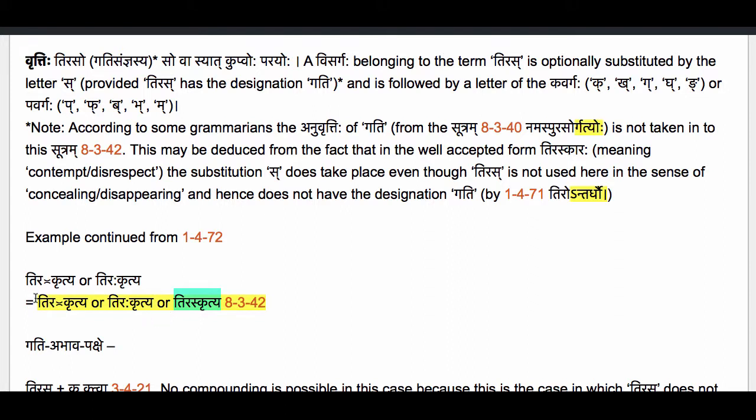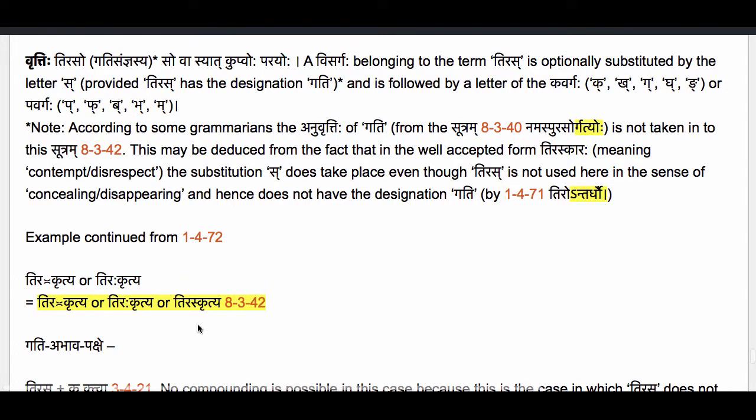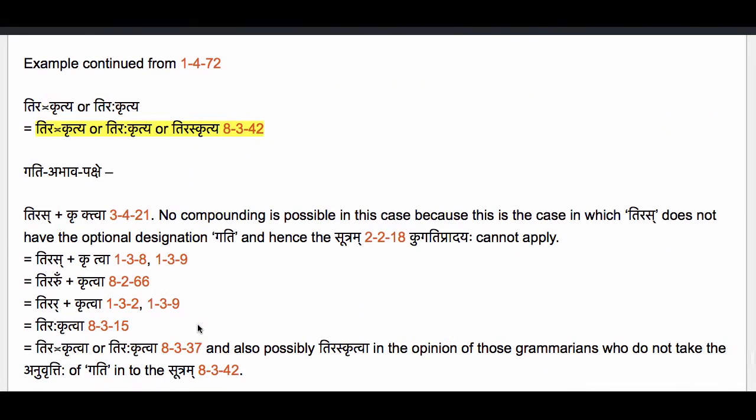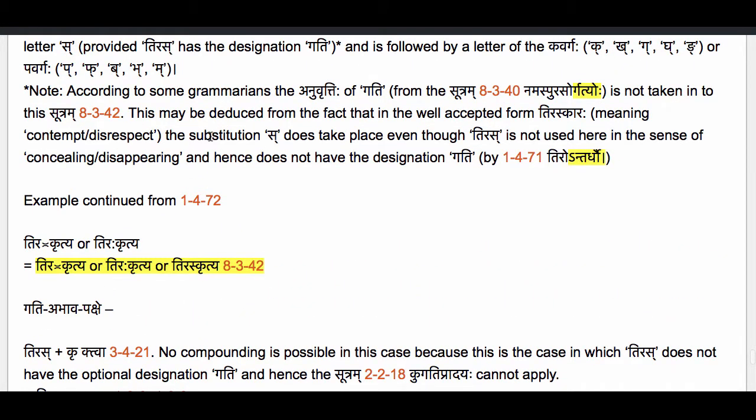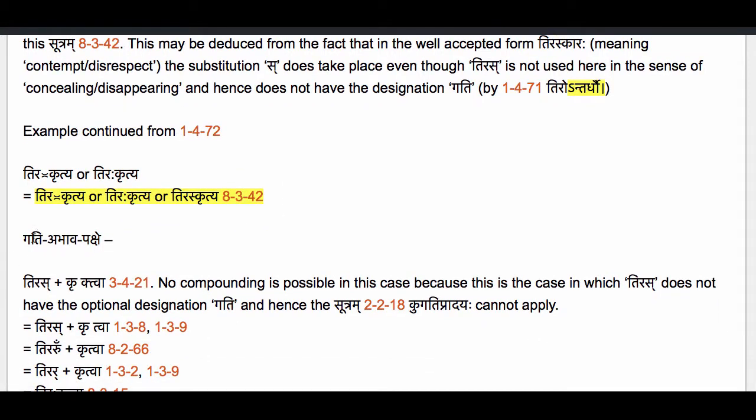So now we have three optional forms: tirah kritya or tiraha kritya or tiras kritya. All mean the same thing: antarhitam kritva, having concealed. Now these three optional forms are all for the case where tiras does have the gati sanya, which is optional by 1472 vibhasha kringi.